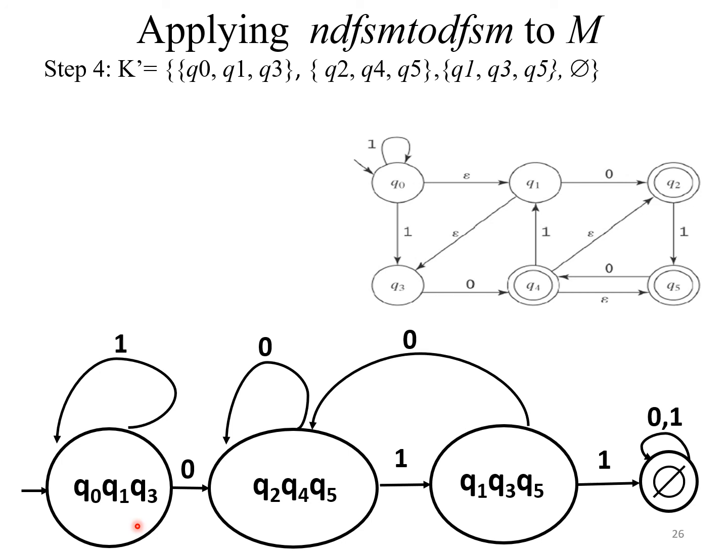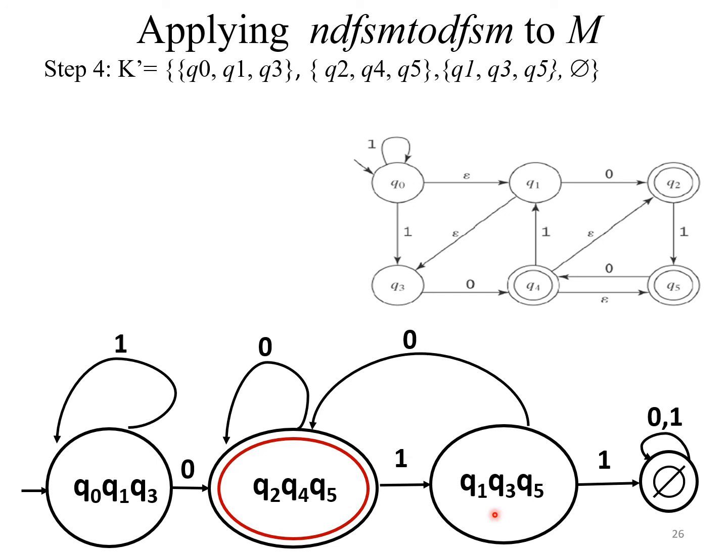Coming to the accepting states, in the NDFSM, q2, q4, and q5 are the accepting states. So in DFSM, wherever you have q2 or q4 or q5, those states will be accepting. Here we don't have any q2, q4, q5 state, so this is an intermediate state. Coming to this state, all three states are available, so this is an accepting state.